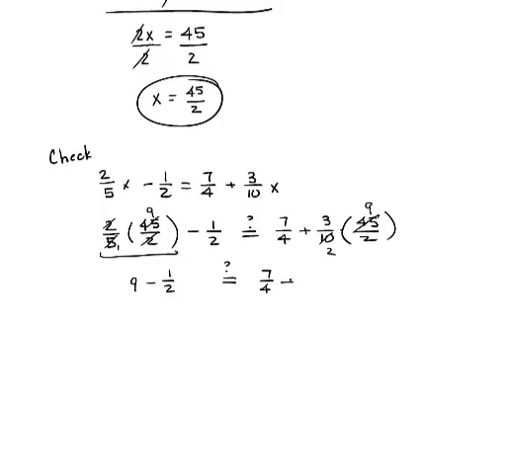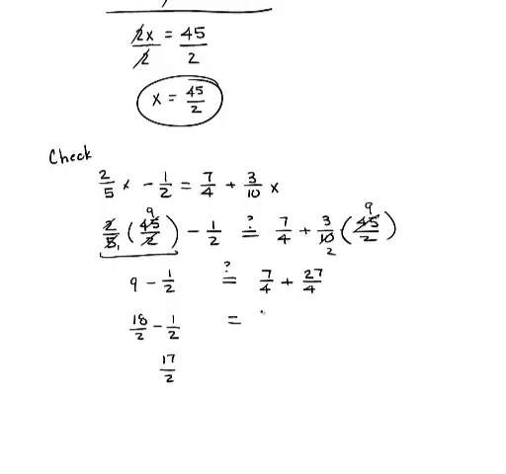So it's 7/4 plus 27/4. Okay, so I have 9 minus 1/2, that gives me 8.5, but we'll change this to 18 over 2 minus 1 over 2.